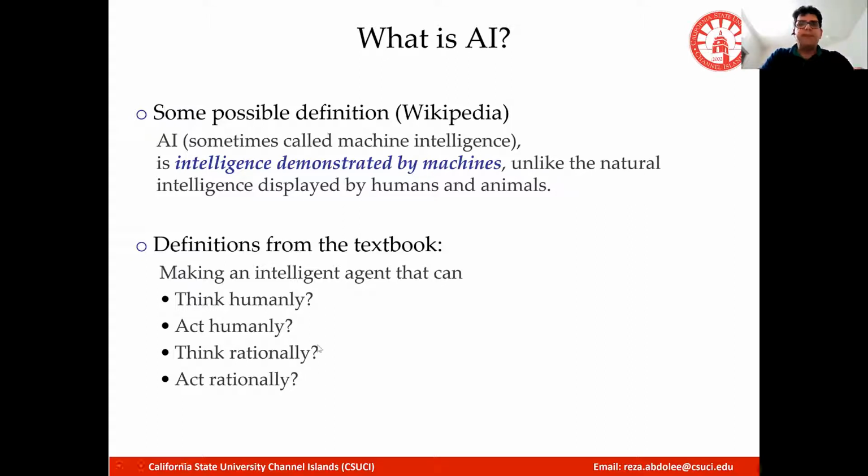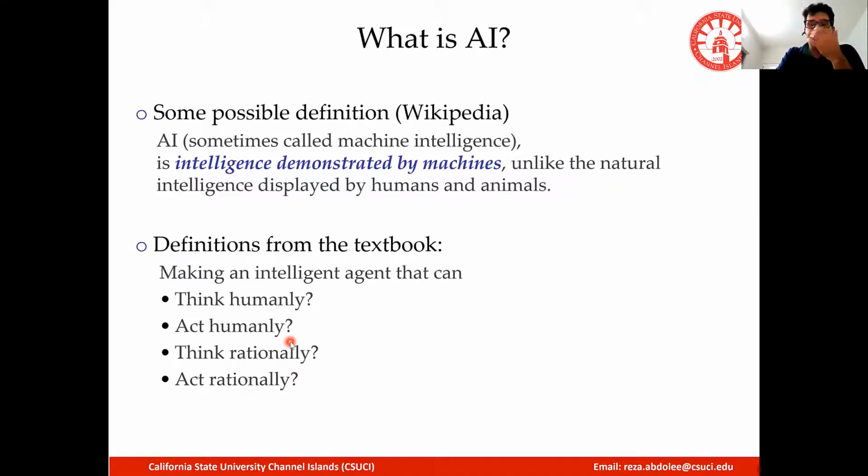So there are different strategies that you can use to make a machine an intelligent machine. First, you can make an intelligent machine by adding a feature so that the machine can think humanly. If a machine can think humanly, you can say that your machine is intelligent.